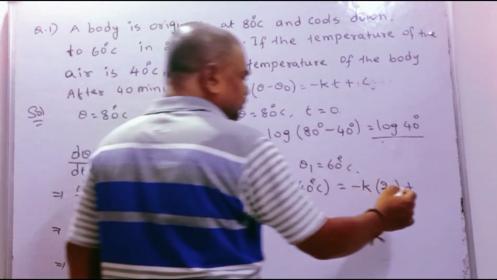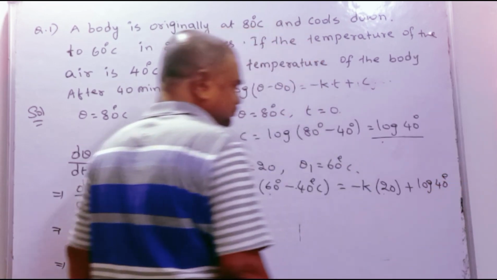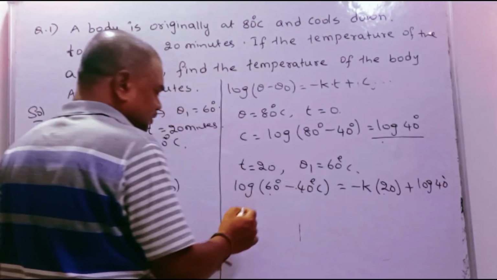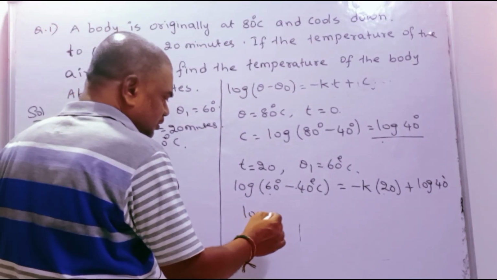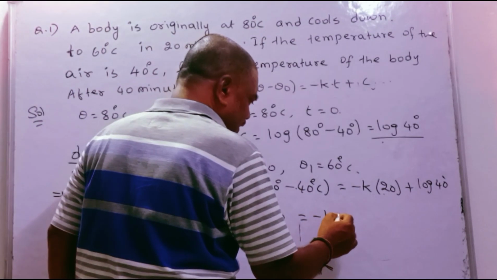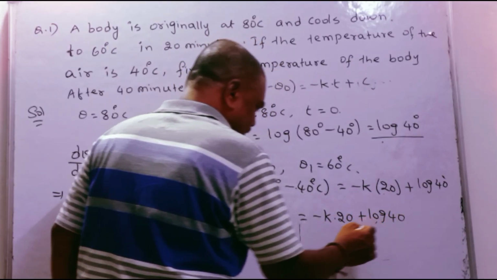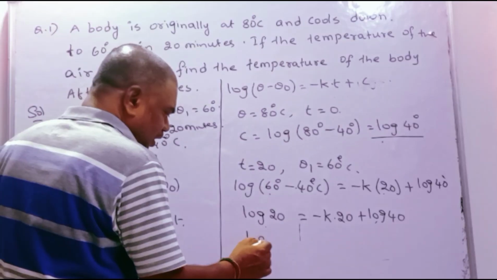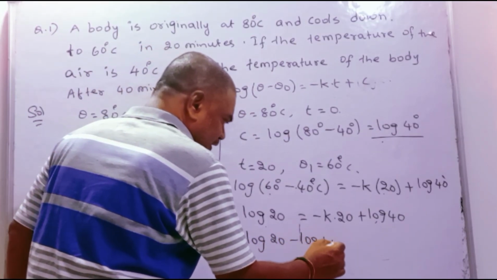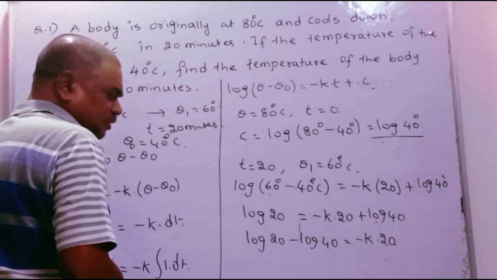What is the c value? Log 40. So log 20 equal to minus k into 20 plus log 40. Taking to this side, log 20 minus log 40 equal to minus k into 20.